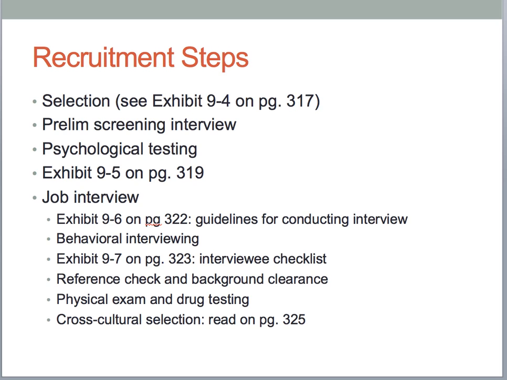If they're going to be in an environment where there are products and chemicals that they could get high from. So many different things, right?